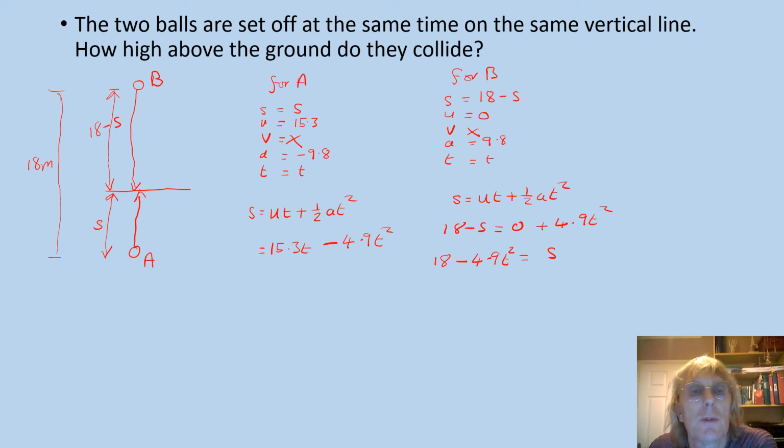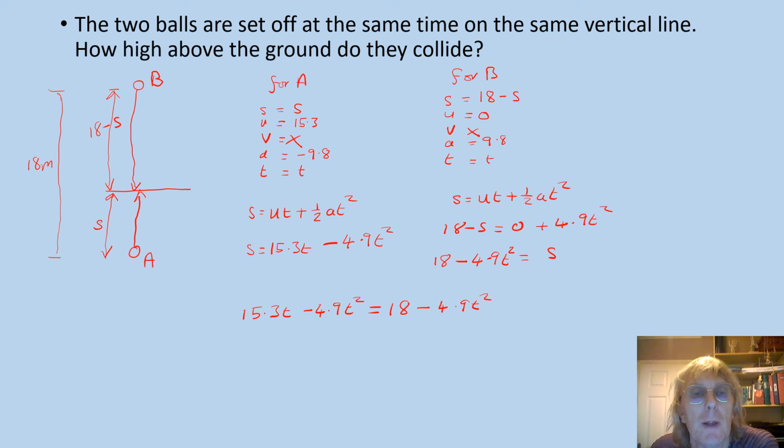Now I've got S equals to both of them, so what I can do is put them together. So 15.3T minus 4.9T squared equals 18 minus 4.9T squared. Well, if I add 4.9T squared to both sides, then both of them bits will go.